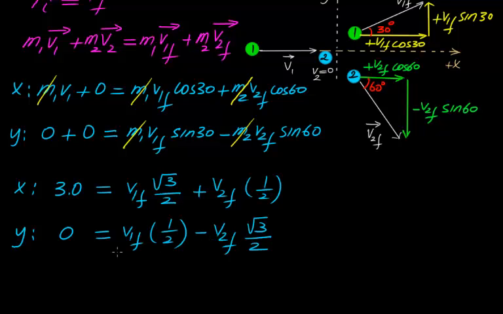Now, using the y equation, which is the simplest of the two equations, we can cancel the half by multiplying both sides of the equation by 2. This half would cancel with this half. As a result, v1 final is going to equal v2 final times square root of 3.